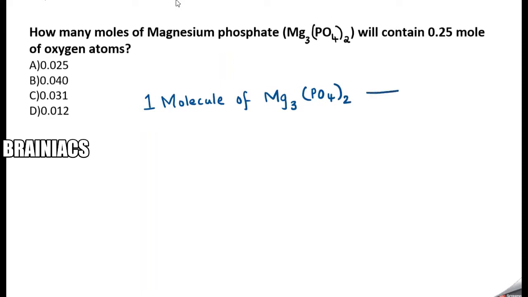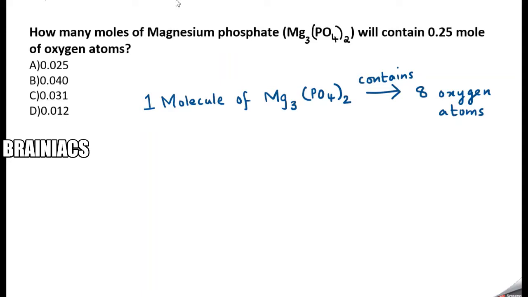So tell me, one molecule of Mg3(PO4)2 contains how many oxygen atoms? That is one single molecule. We know that (PO4)2 is there, so oxygen 4 into 2, that is 8 oxygen atoms, correct?